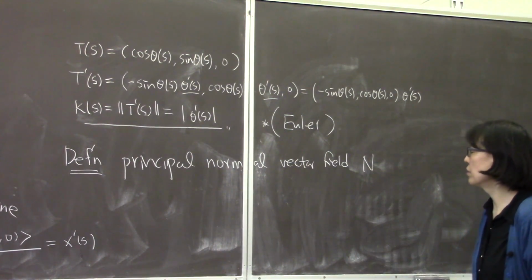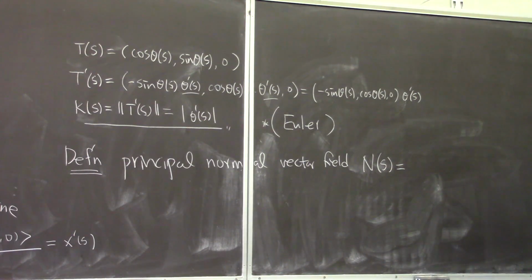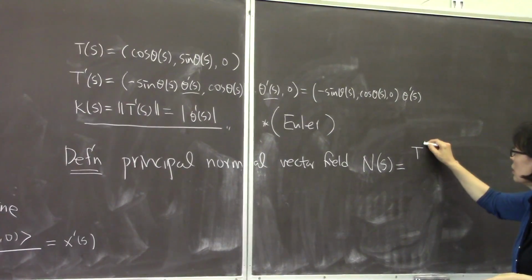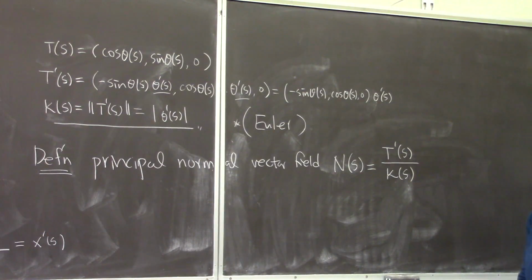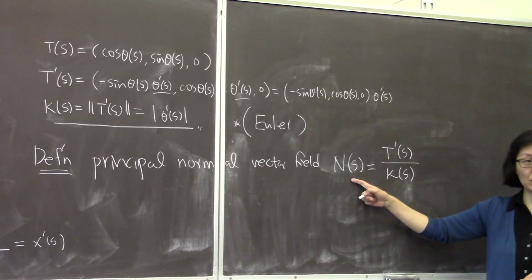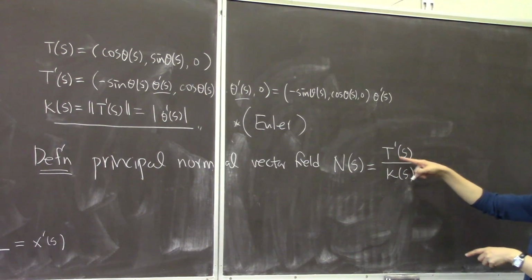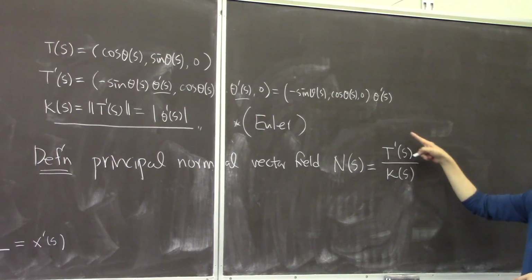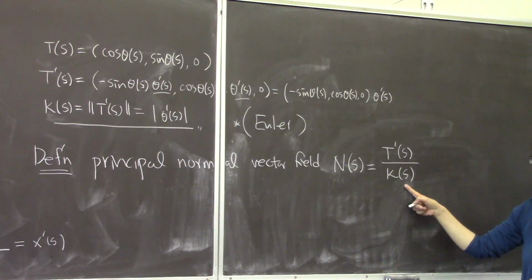We'll be using big N. This is defined as T prime s divided by the curvature. It is a unit vector, because if you apply the magnitude, the magnitude of T prime s is the curvature.